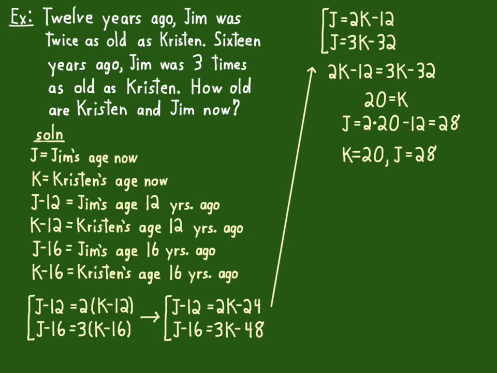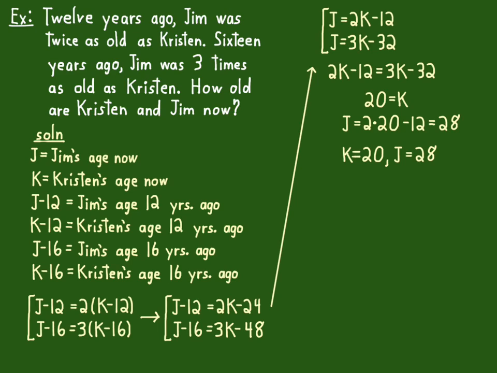Now look at the problem and see if that makes any sense. 12 years ago, Jim was twice as old as Kristen. So how old were they both 12 years ago? Jim 12 years ago was 16, and Kristen 12 years ago, sorry, I was looking at the wrong one. 12 years ago, Kristen was 8.